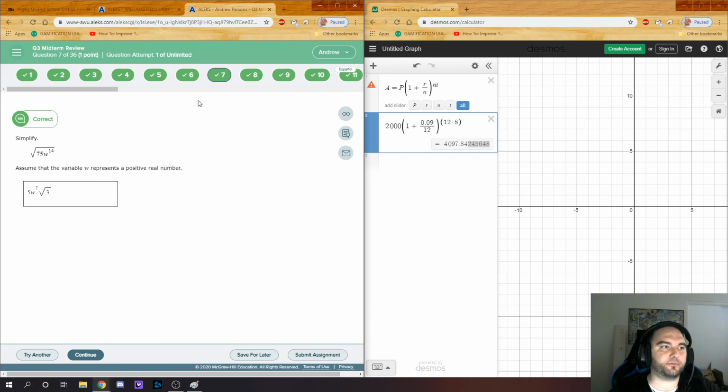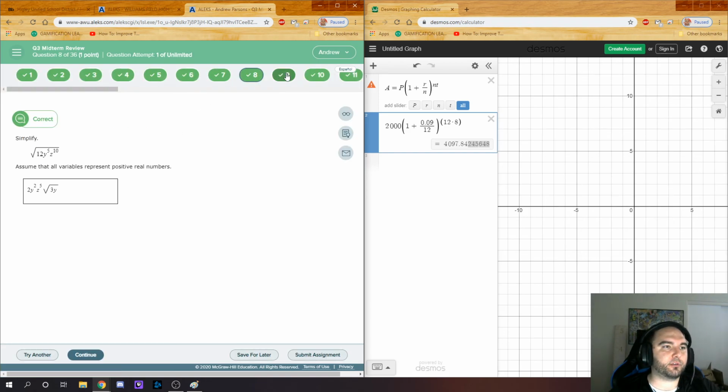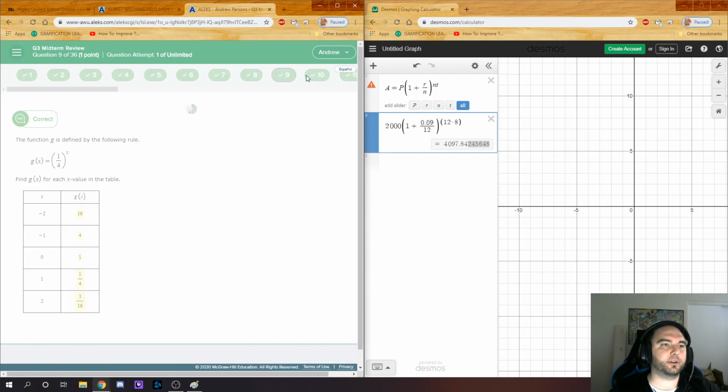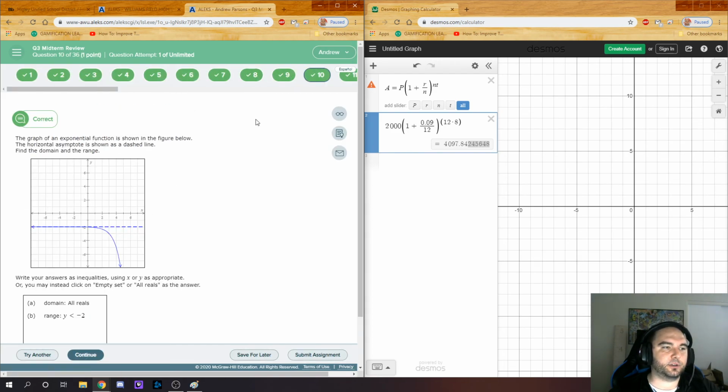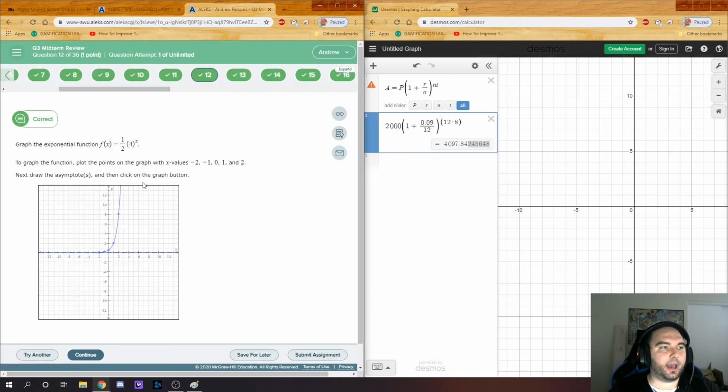We've got root correcting, and slightly different root correcting. We've got filling out an exponential function's table of values. We've got finding the domain and range. We had 2 of those. Then on number 12, we had graphing an exponential function completely.